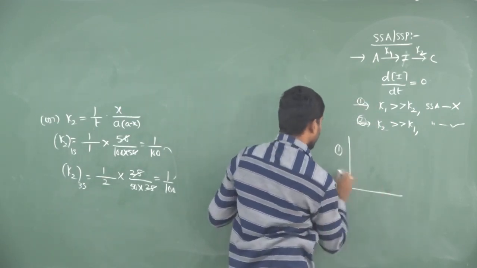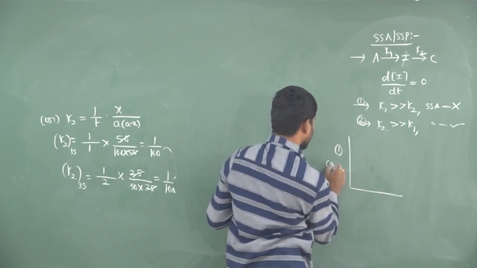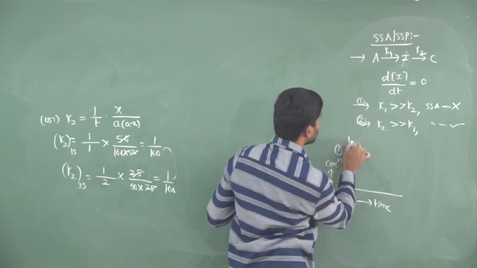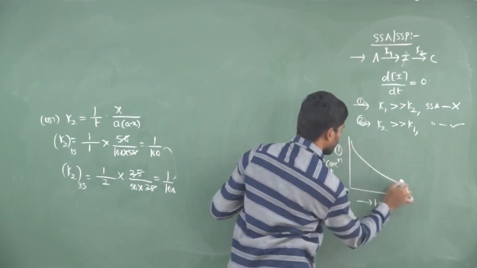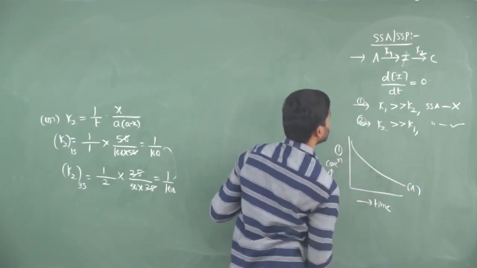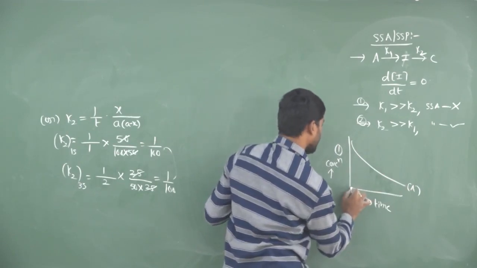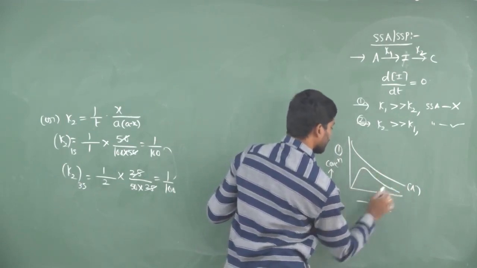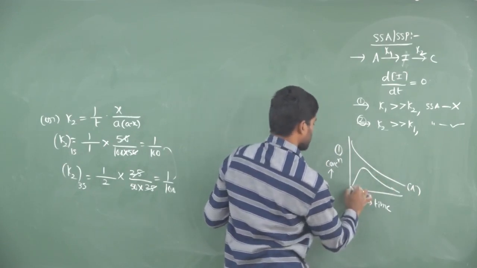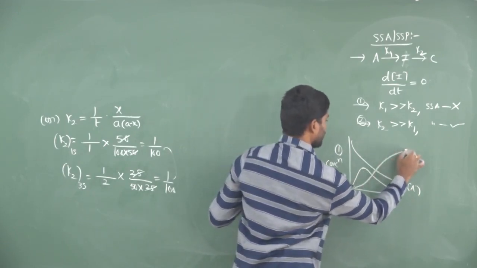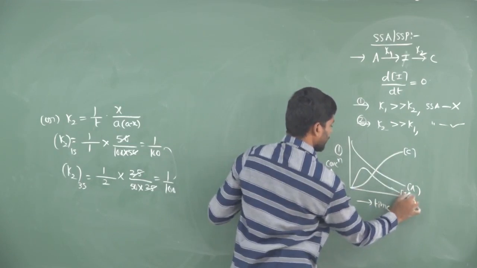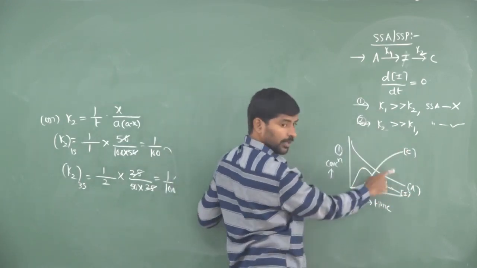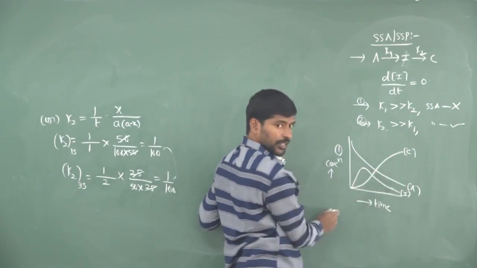So in the first case, we will get concentration versus time like this. The concentration of A decreases with time. The concentration of I increases and then decreases. Then the concentration of C. If K1 is many times more compared to K2, the concentrations of A, I and C we will get like this.